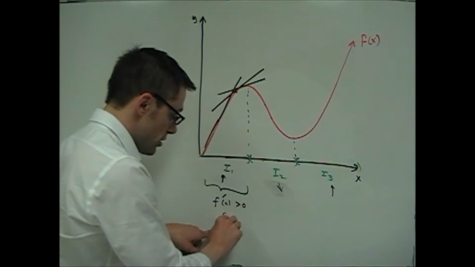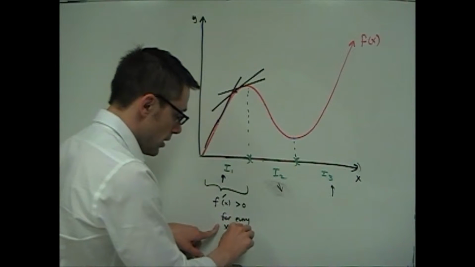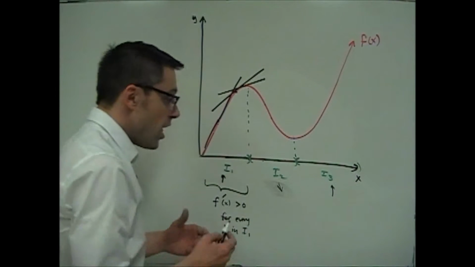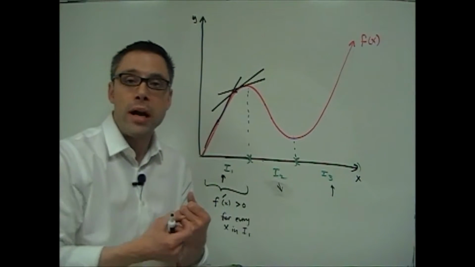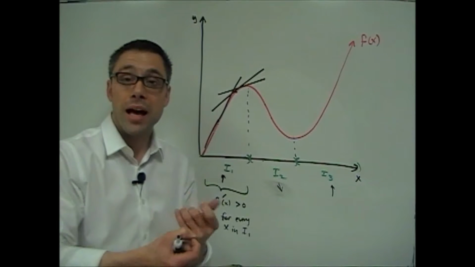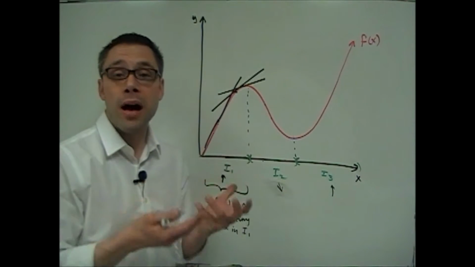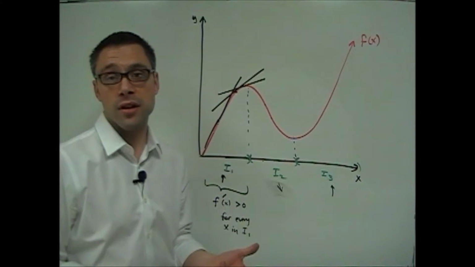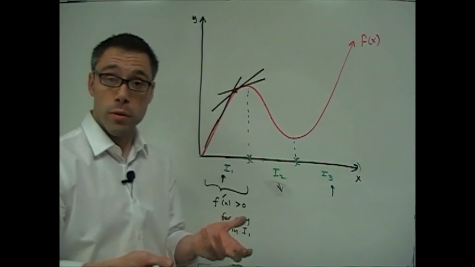Okay? And I should say for every x in I1. That is going to be one of the properties of all the points in this interval, a calculus property. That is, the derivative of the given function will be positive if the function is increasing on that interval. So for all those points, the derivative will be positive.